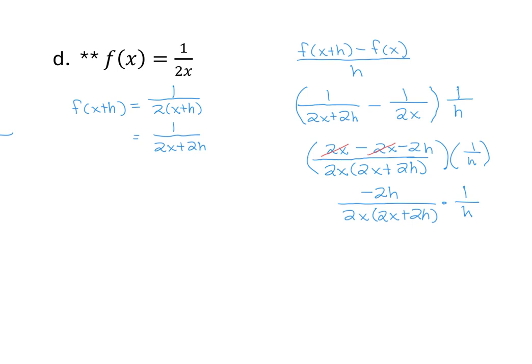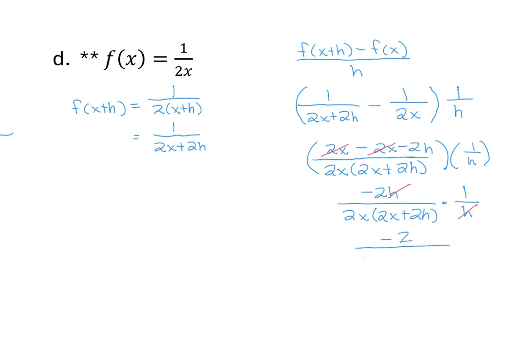From here, we can cancel out our h's. We can cancel out the h in the numerator and the h in the denominator. And what we are left with is negative 2 over 2x times 2x plus 2h.